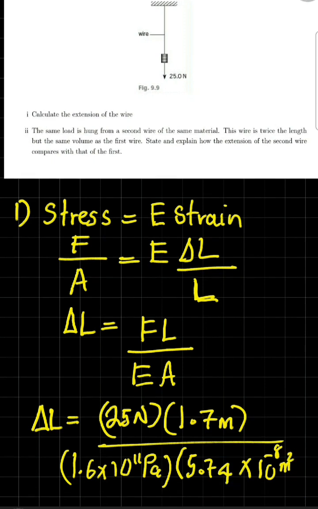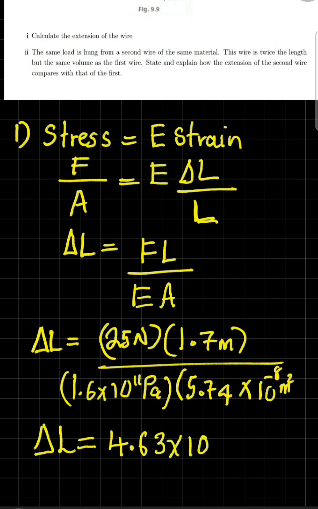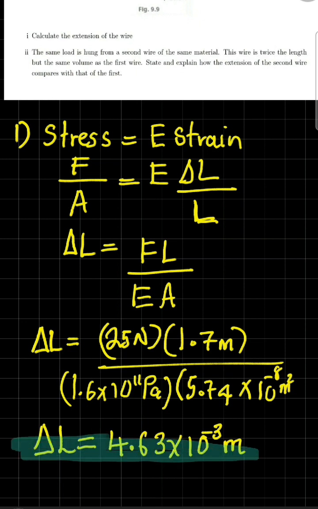So punching this into the calculator, we get that our extension will be equal to 4.63 times 10 to the power negative 3 meters. So that's our answer for part 1.